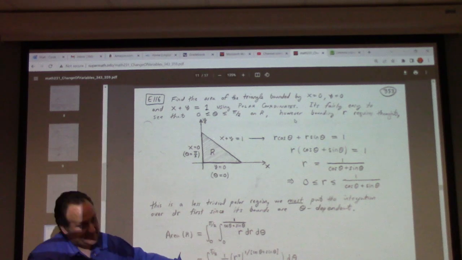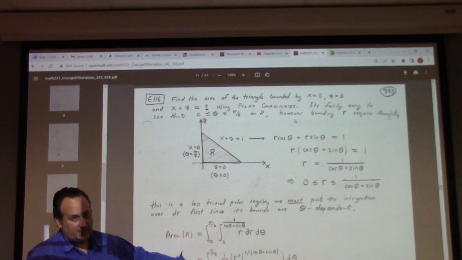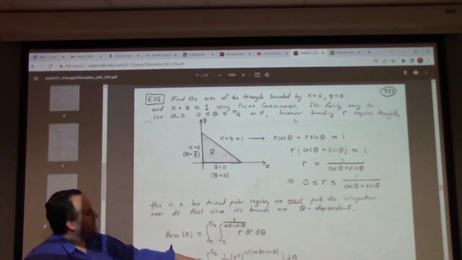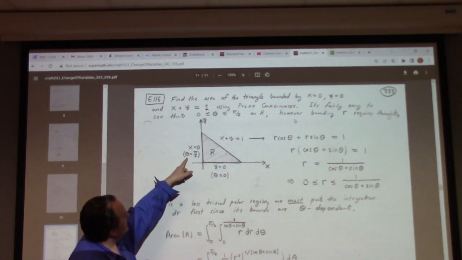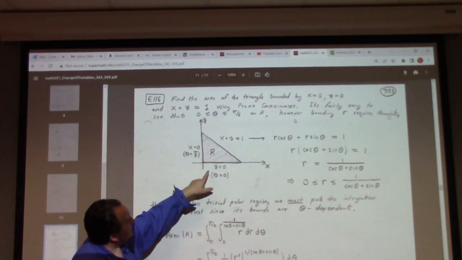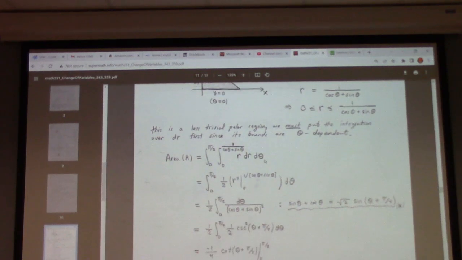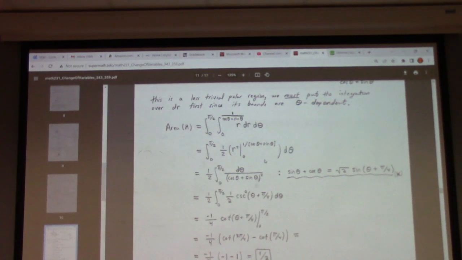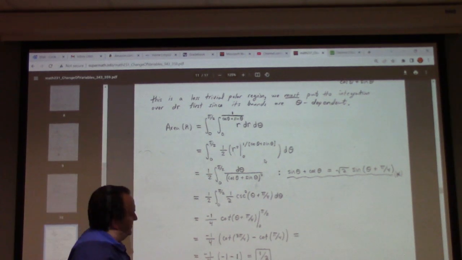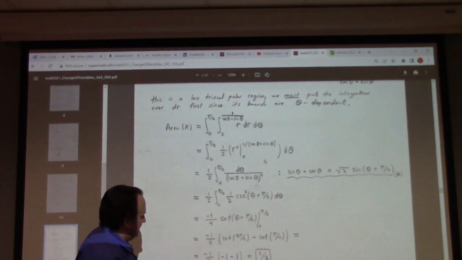That's exactly where you guys started. Although there's no 2 in this problem, because this one is x plus y equals 1, whereas you had x plus y equals 2. So this problem's slightly different, but the calculus is the same. If you do this, you get a cosecant squared, which then integrates to cotangent, and you evaluate.